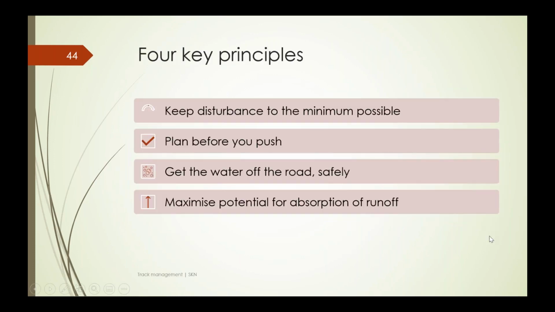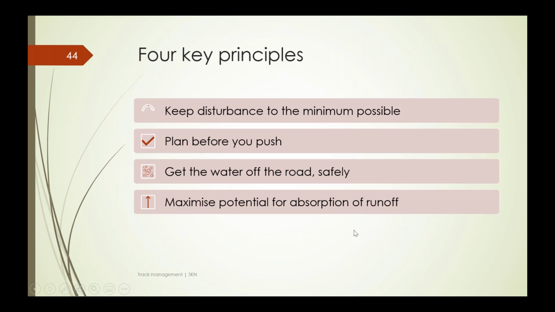Okay, so the 4 key principles that I'd like you to take away, and I think encapsulate pretty much everything we've been talking about, are to keep disturbance to the minimum possible, therefore reducing your risk of erosion in the first place.